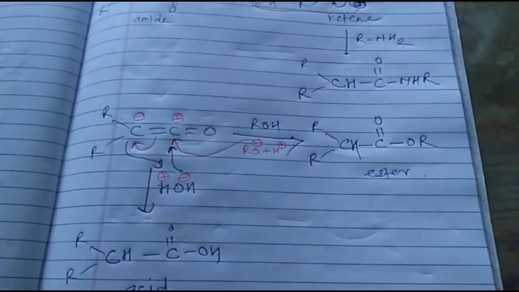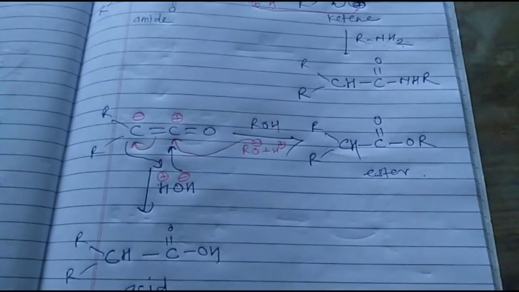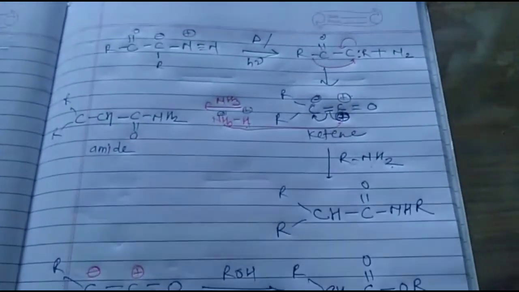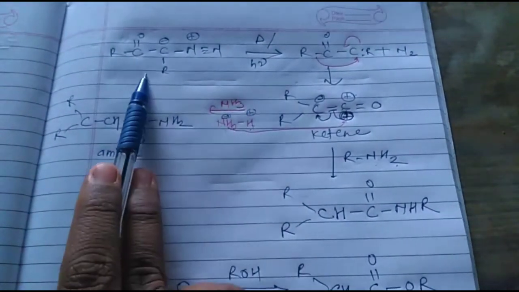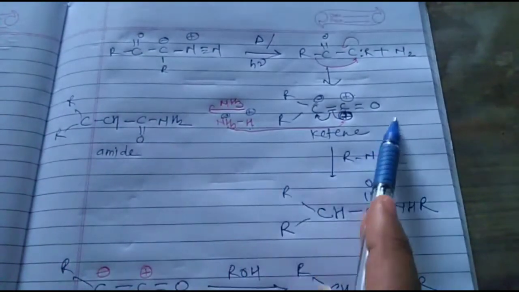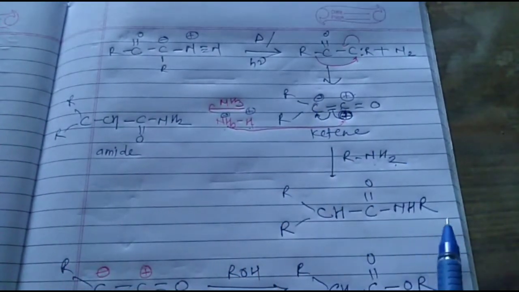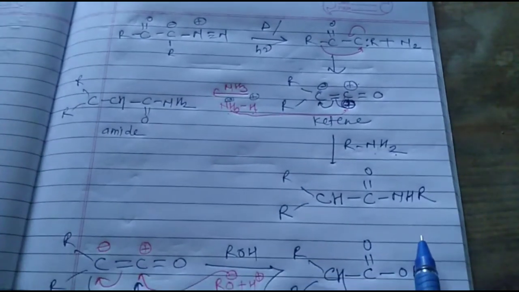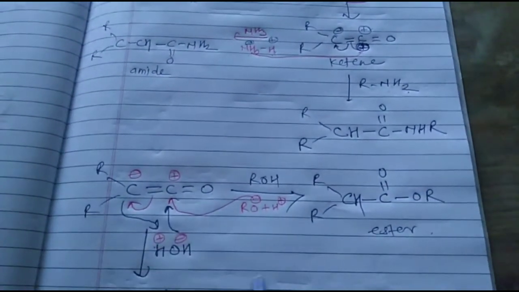This is the application of the ketene rearrangement. The formation of ketene is known as the Wolff rearrangement. What is the application of this? This ketene is useful for the formation of a number of products, that is amide, and it is also useful for the preparation of acids and esters.